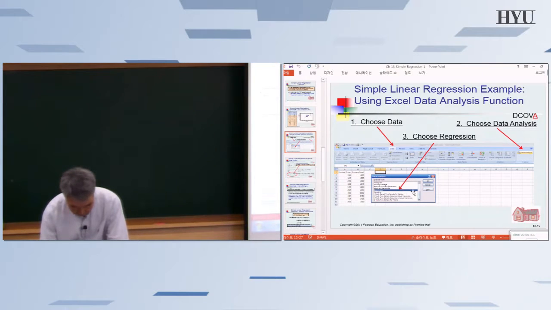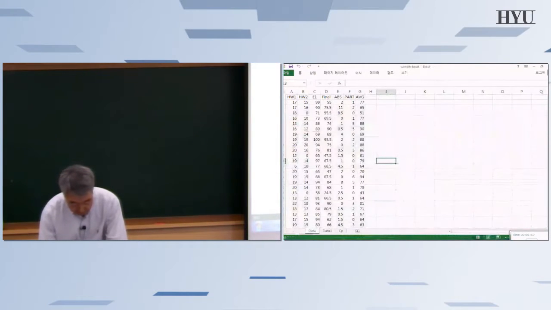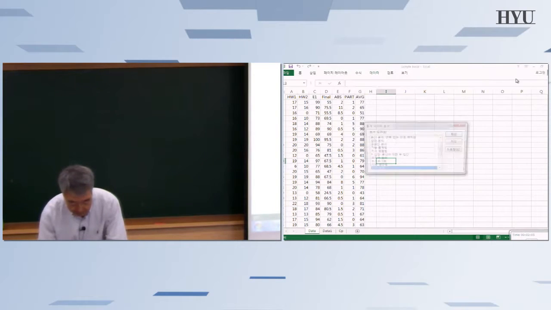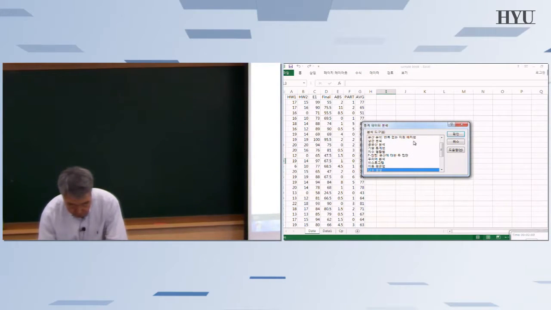Here we have the actual Excel file open. Click on data and data analysis, and we have a few choices here, and you choose regression. Regression in Korean language is 회귀 분석. So choose that one and click OK.